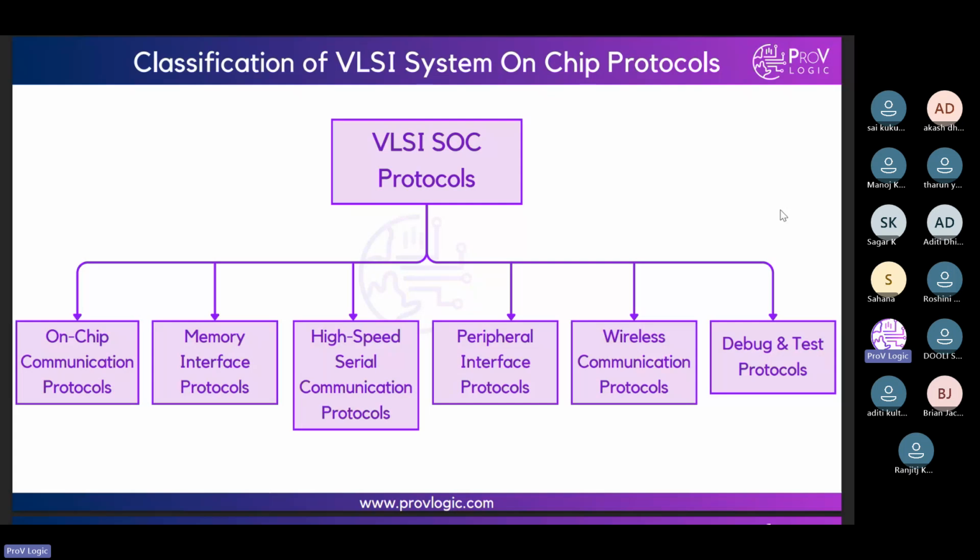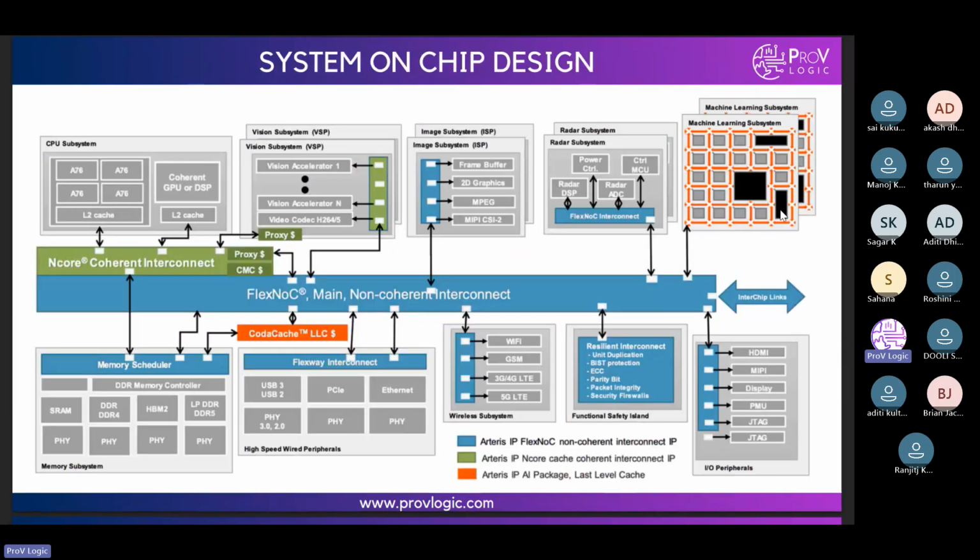Okay, fine. So coming to the classification of system on chip protocols, we have different types of protocols in overall SoC. First of all, can you tell me what is meant by SoC, system on chip architecture in VLSI?